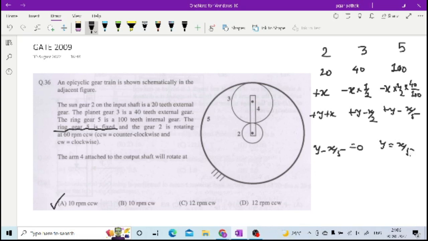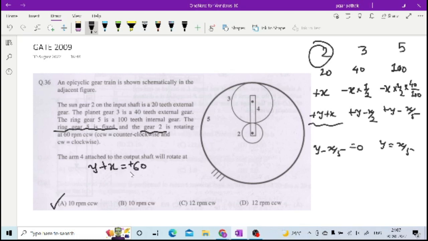And what is x? You first have to derive x from this 60 rpm counterclockwise. This gear 2 is having this y plus x. So y plus x is equal to 60 counterclockwise, so positive.